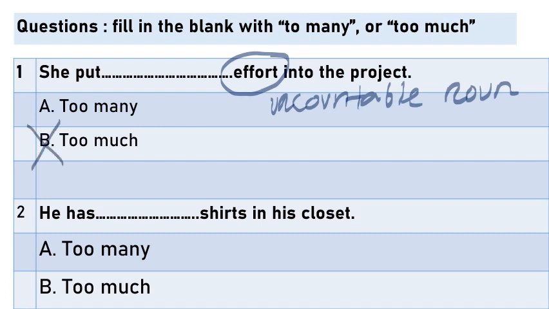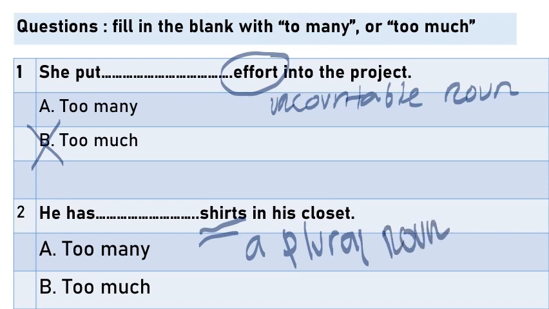Number 2, she has blank shirts in his closet. Remember, shirt is a plural noun. Why?